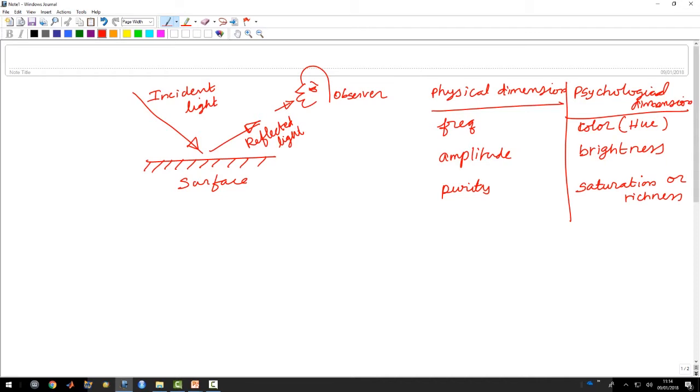Okay, these are the basic physical dimensions of the light. There are more involved dimensions of the light we will see. Another physical dimension we can say is the energy.